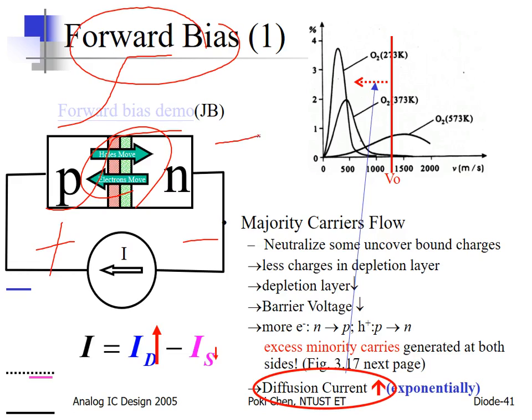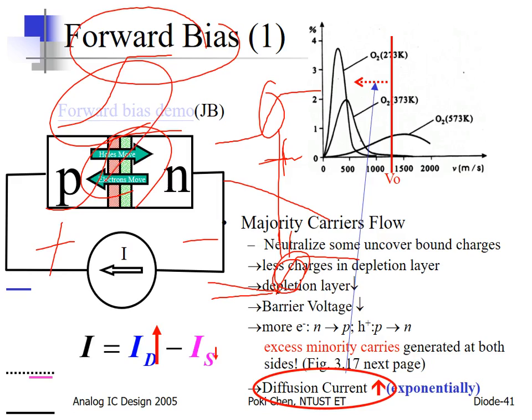From the very beginning, you have this. But applying forward bias, it will become what? The barrier in the depletion region will be reduced by forward bias.